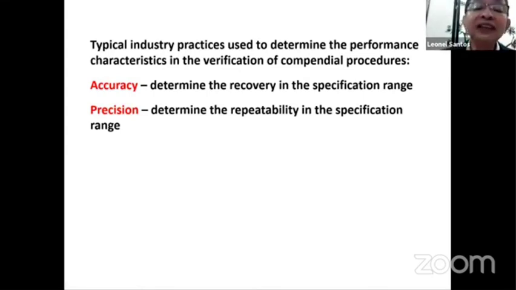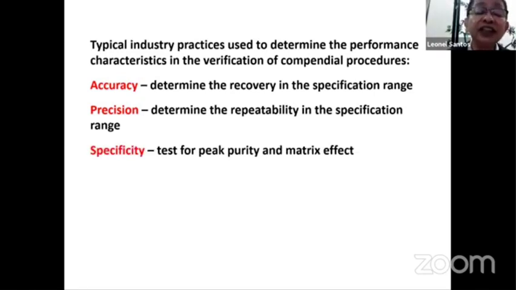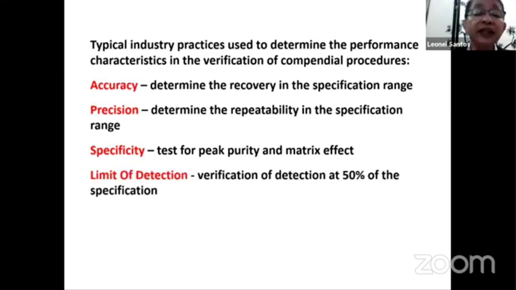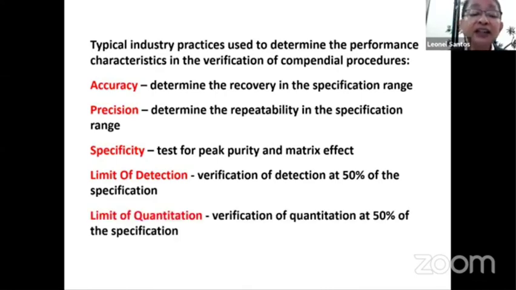Precision would be to determine the repeatability only in the specification range. Specificity is a test for peak purity and matrix effect. Limit of detection is verification of detection at 50% of the specification. And finally, the limit of quantitation would be the verification of quantitation at 50% of the specification.